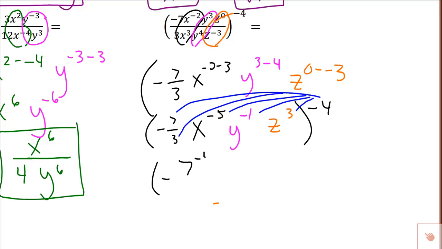So it's 7 to the -4. Then we have x to the 5 times -4, power to a power you multiply. Y to the -1 to the -4, power to a power you multiply. Z to the 3 to the -4, power to a power you multiply. And don't forget that 3 to the -4.